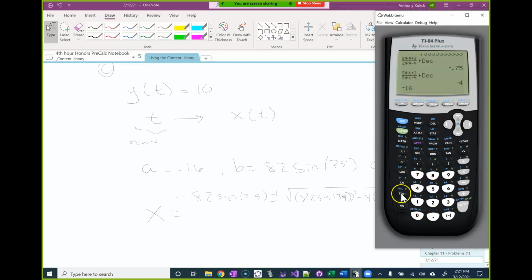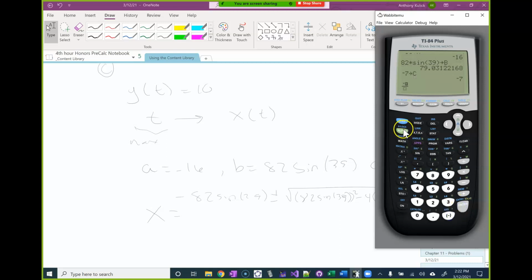So I'm going to type -16, press the STO button and store that into the variable A. Then I'm going to do 82 times sine 39, and press the STO button and store it into the variable B. And then -7, I'm going to store as the variable C. Then I'm just going to type in the quadratic formula exactly as it states.